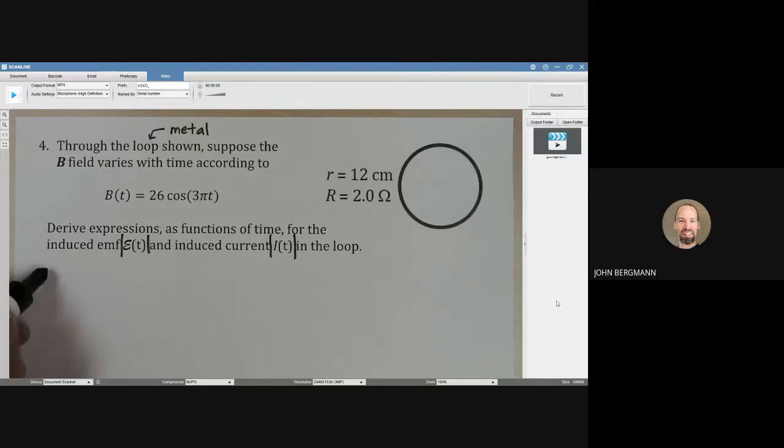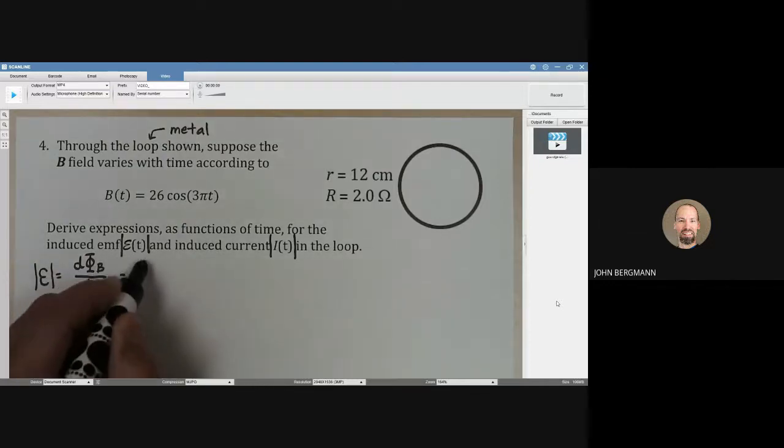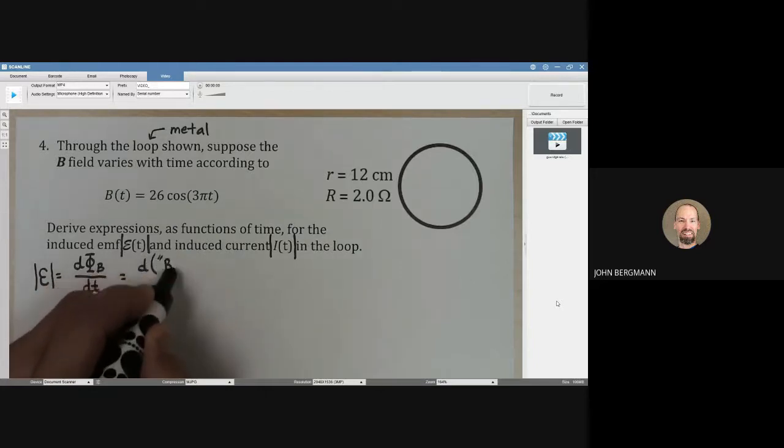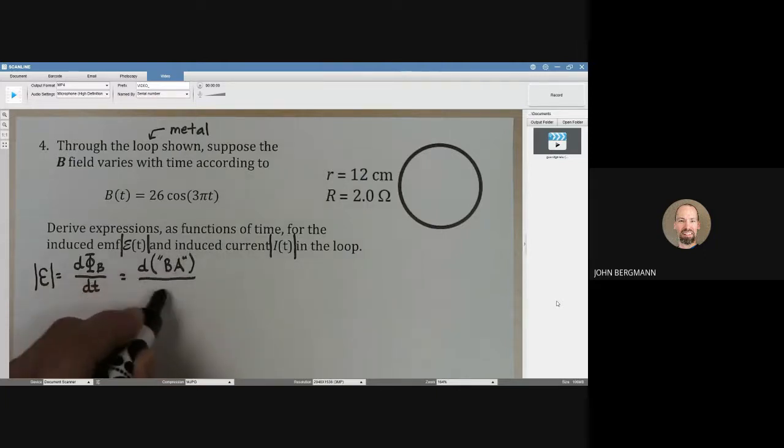So how do we do this? Faraday's law says that the induced EMF is numerically equal to, and I'll put absolute value signs since we don't want to put the negative sign. We will learn about that negative sign; it's related to something called Lenz's law, which we'll meet in upcoming videos. But we want to take the time derivative of the flux, and we remember that the simple explanation for flux is essentially the magnetic field multiplied by the area through which the field is traveling.